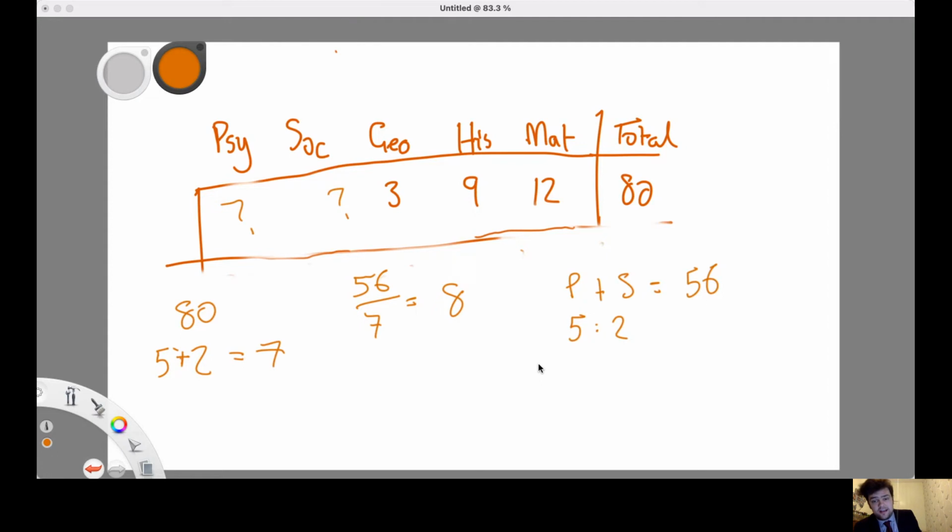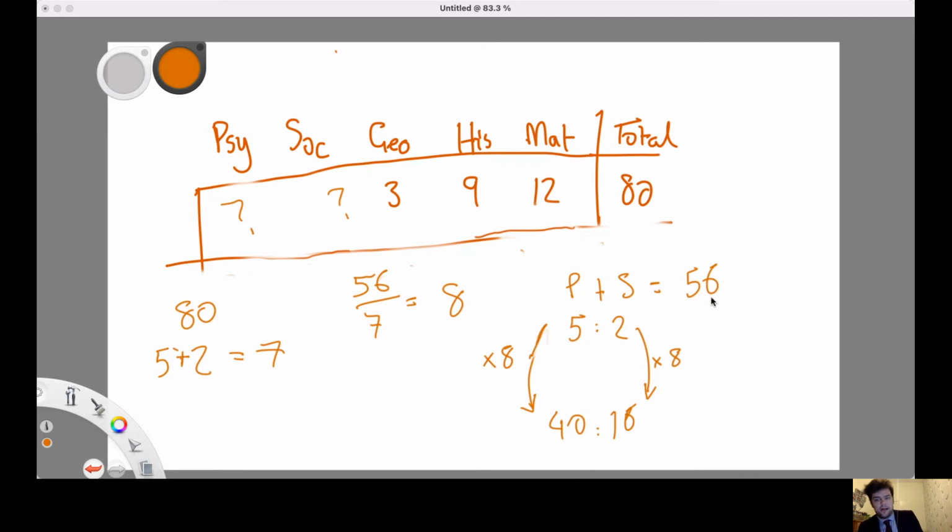So you're doing the opposite essentially. You were cancelling down from 40 to 16 to get 5 to 2. What I'm saying now is when we don't know the values, we do the opposite. We're multiplying up rather than dividing down. And you multiply the whole ratio by 8, you get your 40 to 16.